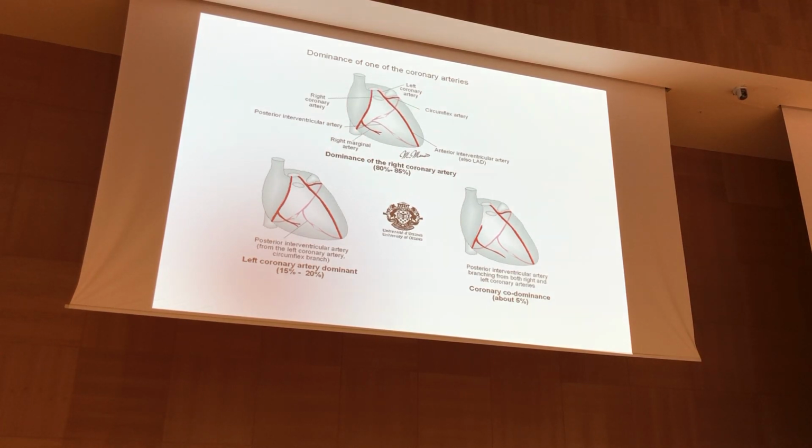In 80 to 85%. In 15 to 20%, we have what we call the left coronary artery dominance. Basically, the only difference is that PIA is coming from the circumflex. Instead of coming from the right, PIA is coming from the left or the circumflex. And 5%, it's coming from both.